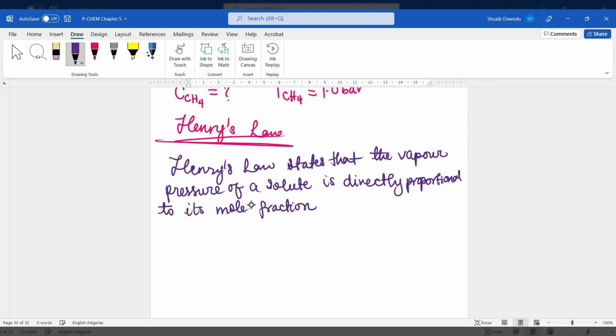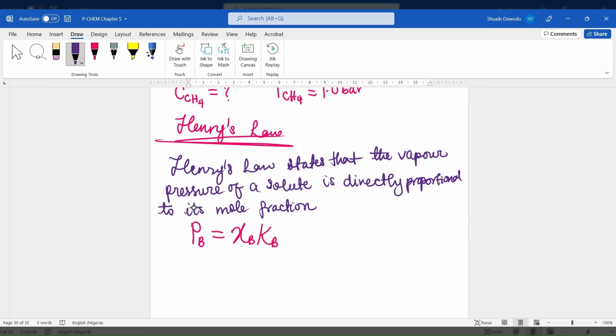The formula that represents this law is the vapor pressure, where B is the solute, P sub B, equals X sub B, which is the mole fraction, multiplied by K sub B, where K sub B is the Henry's law constant for the solute in the solvent.